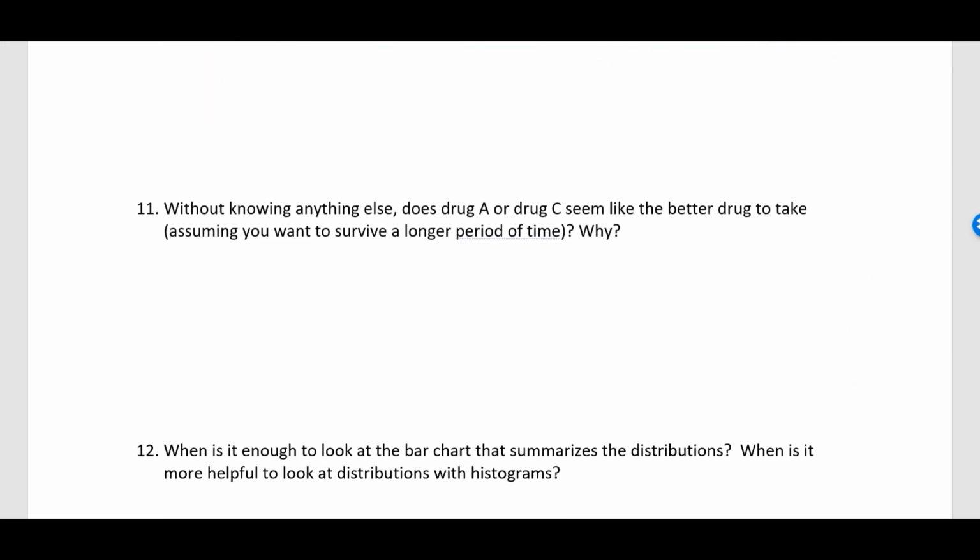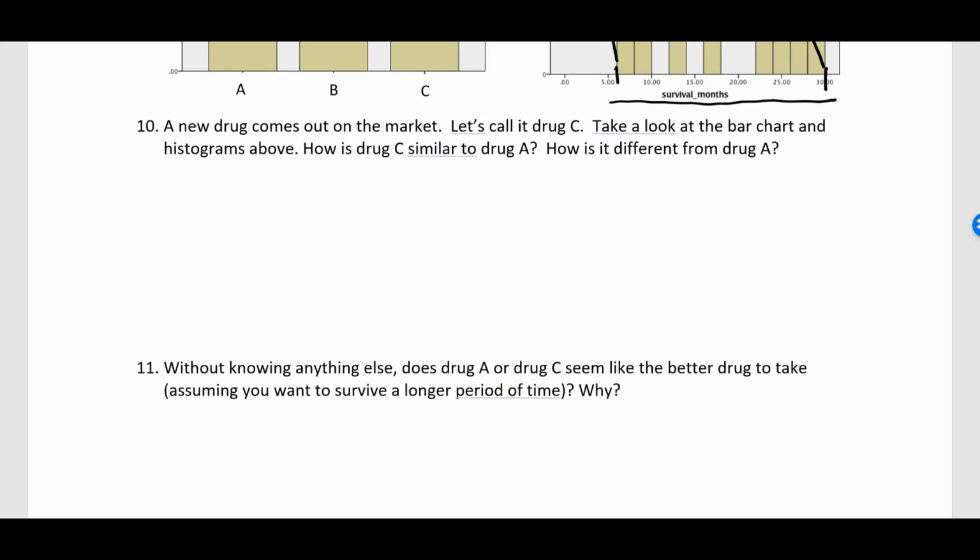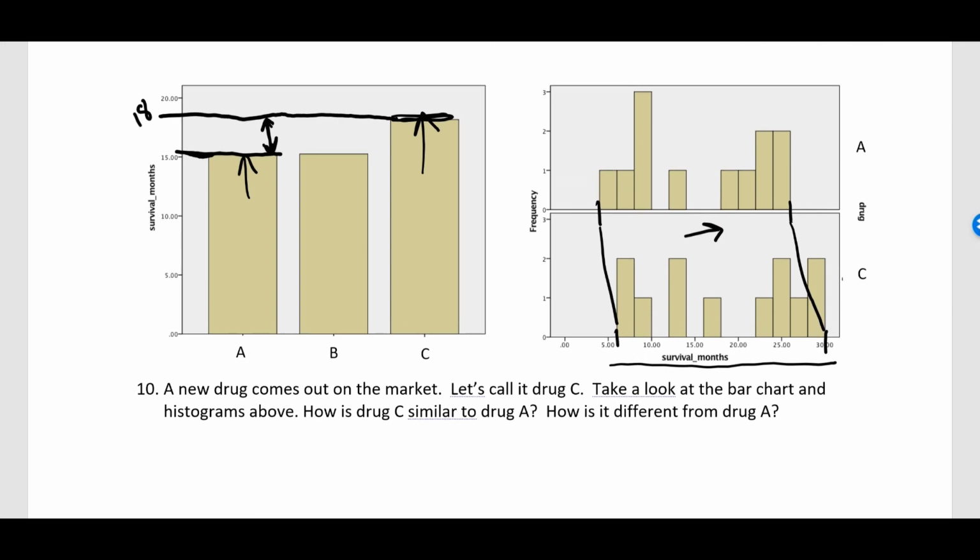Now, without knowing anything else and assuming that you want to live a longer period, which one would you rather take? Drug A or drug C? I would prefer to take drug C because on average, you get what looks like maybe about 3 more months, right?